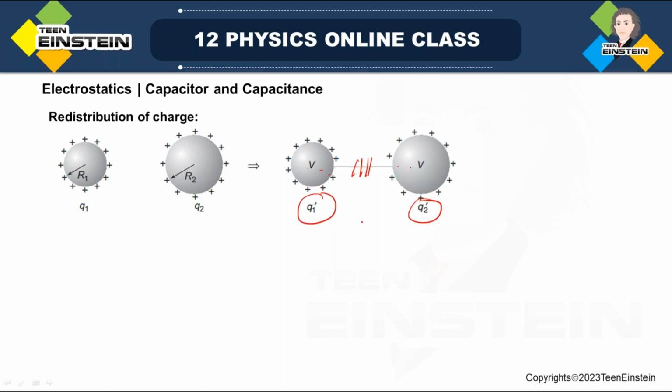Okay, so now in this type of question, there will be problems to find out what is the common potential for these two charges. Okay, what is the common potential? So that kind of question will come. We have to find out the common potential. Okay, so how do we do that?